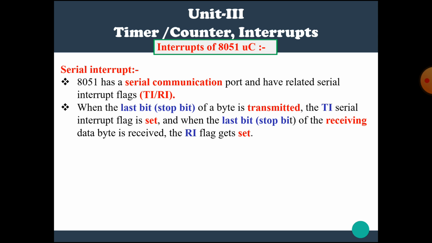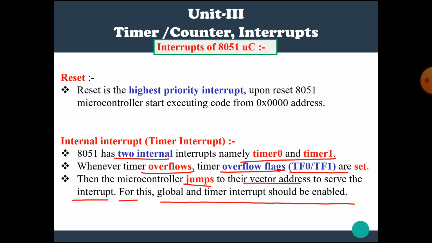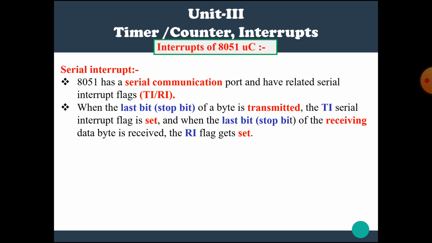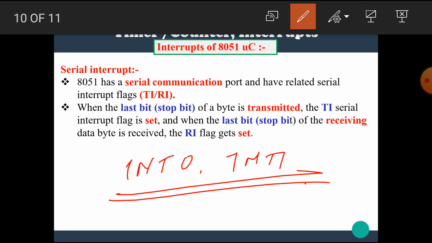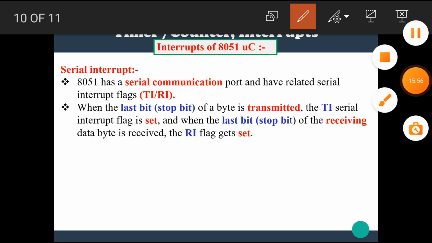There are two external interrupts, which are INT0, that means interrupt 0, and INT1. These two are the external hardware interrupts. I hope you all now understand the basic idea about the interrupts and their types. Okay, thank you.